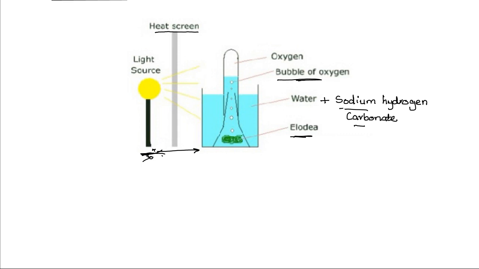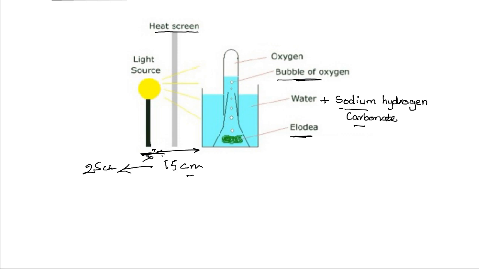So let's say you can start, if the distance is 15 centimeters, we can count and record the number of oxygen bubbles produced per minute. Then we move the distance further to say 20 centimeters.